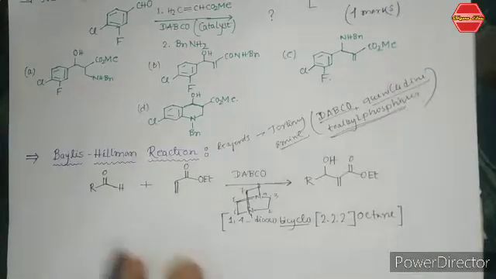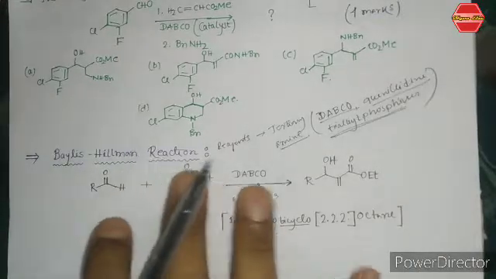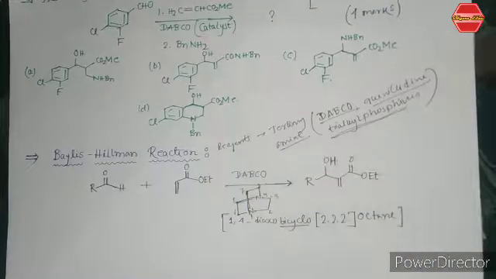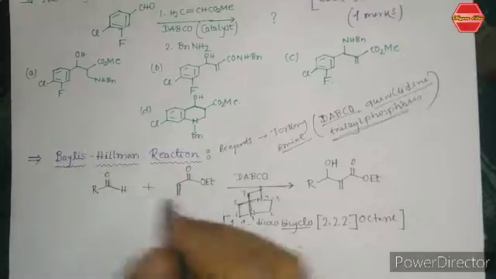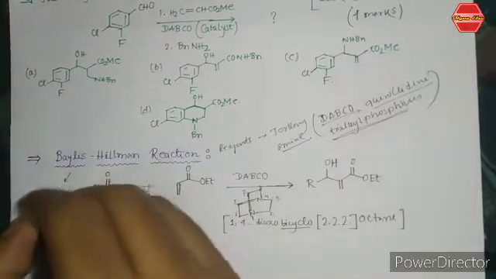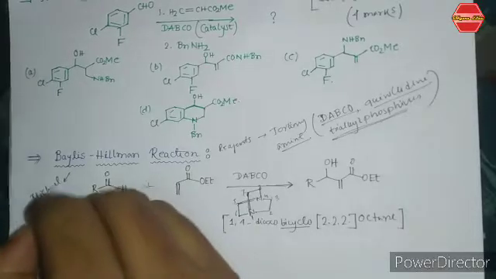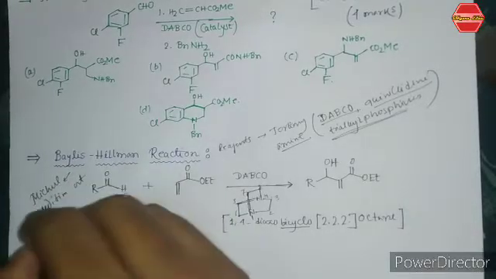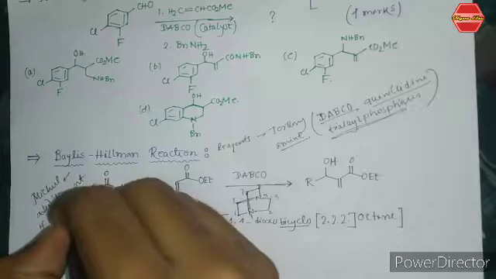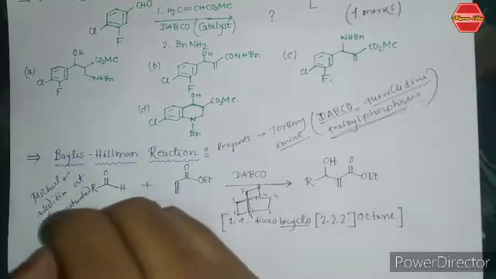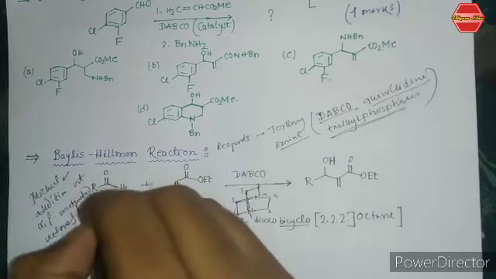Now see, this type of Baylis-Hillman reaction generally follows the Michael addition pathway of alpha beta unsaturated ketones or esters.